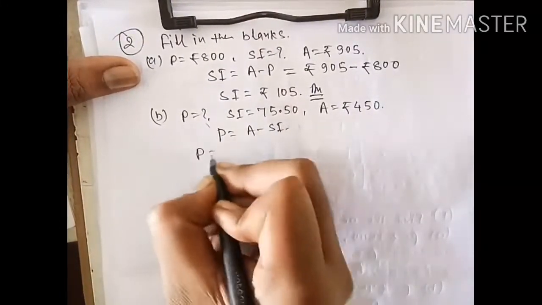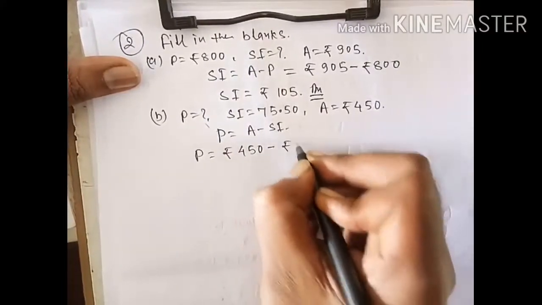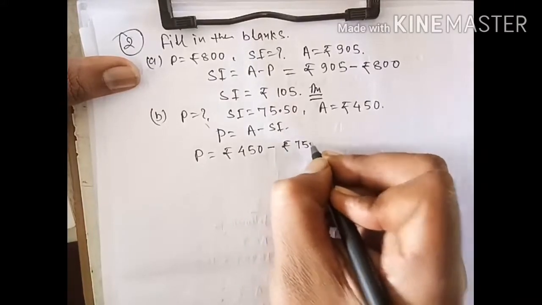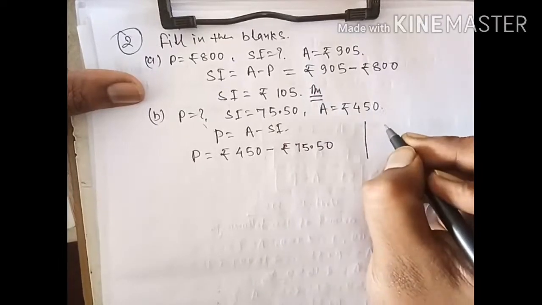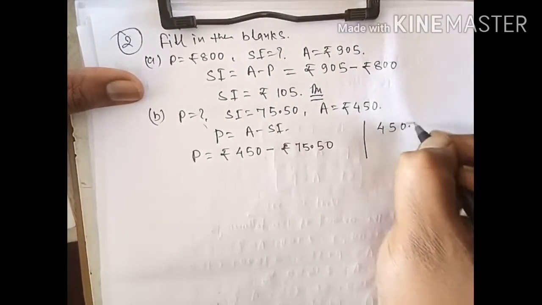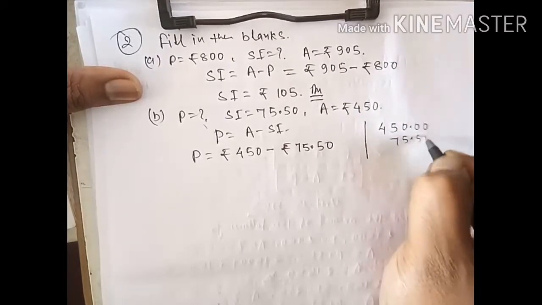Here you have to subtract decimal numbers. So we write 450.00 and subtract 75.50.